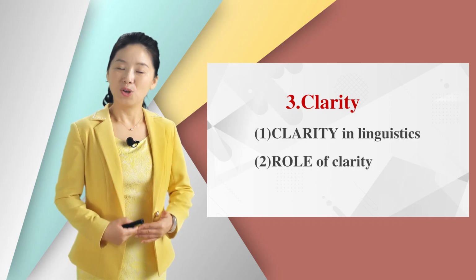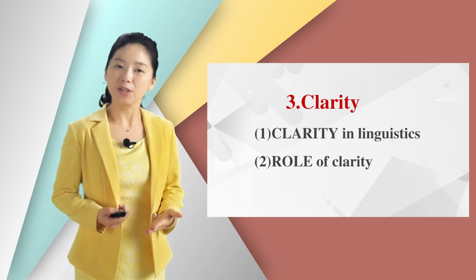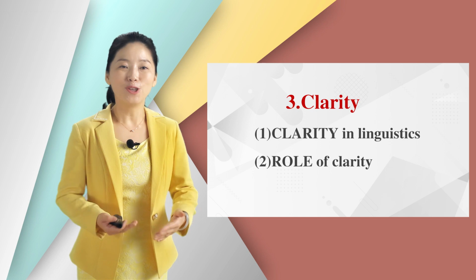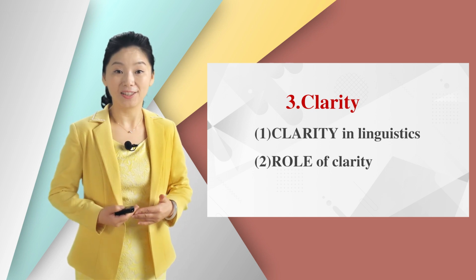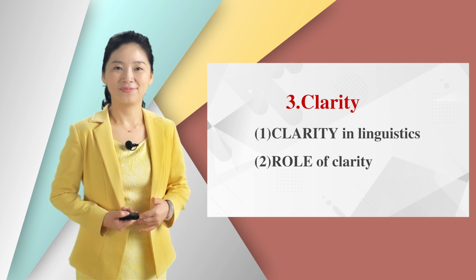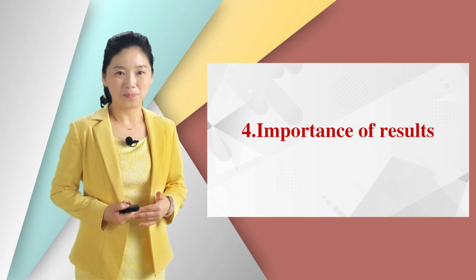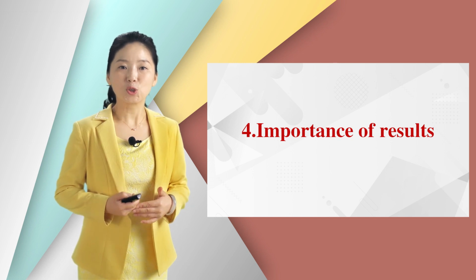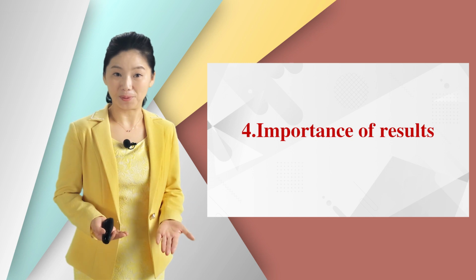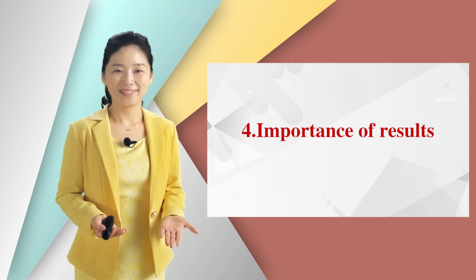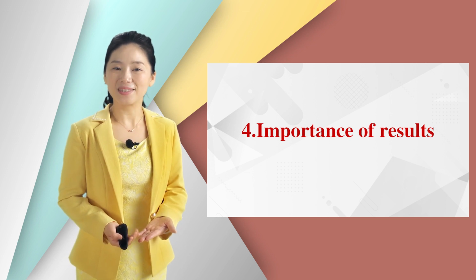The simple, short, but clear results can truly reflect the new knowledge that you are contributing to the world. In the top journal, Nature, the results should be provided at the start of the paper. So you can see how important the results are.